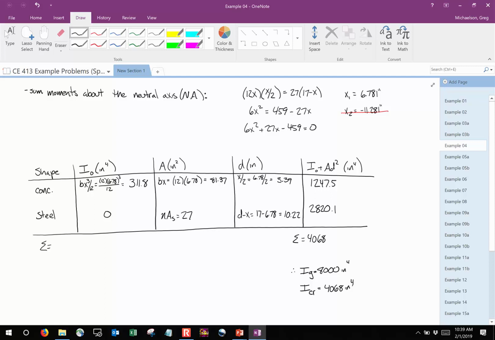Yes? Why were we able to use these areas? That's a great question. And the answer is, how is that any different than when you compute a centroid? What do you do when you compute a centroid? Sum of AY over sum of A. You're taking an area times a moment arm, and dividing it by the sum of the areas.